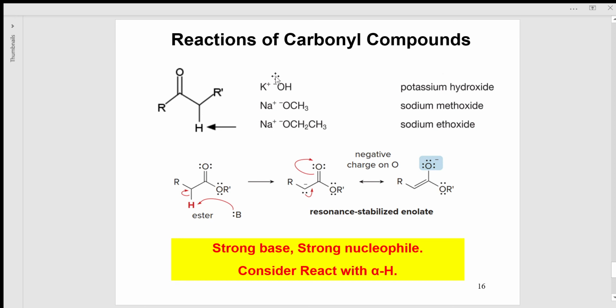Again, not because they don't react at all, but because the reaction product is just not very stable. So they prefer to react with the acid hydrogen here. That's why whenever you see a strong base, strong nucleophile, think about the acid-base reaction to form an enolate.